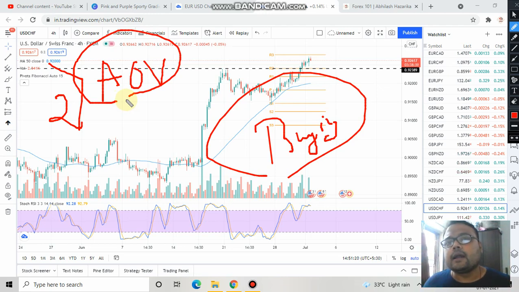In an uptrend market like this, the area of value or the best trading opportunity is always near the support level. Whereas in a downtrend market, the best shorting opportunity is always near the resistance. This market is an uptrend, so we need to find out the support level.